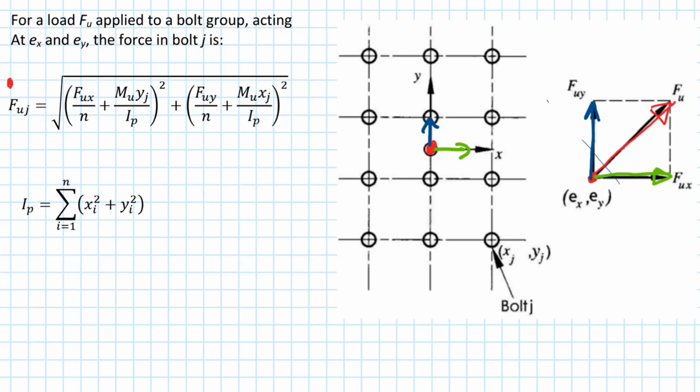That's quite easy. But then we also have a moment acting at the center, M subscript U. We need to convert that one force, FU, into two forces and a moment acting at the center. We're going to run through how to calculate the force in the most stressed bolt, FUJ.